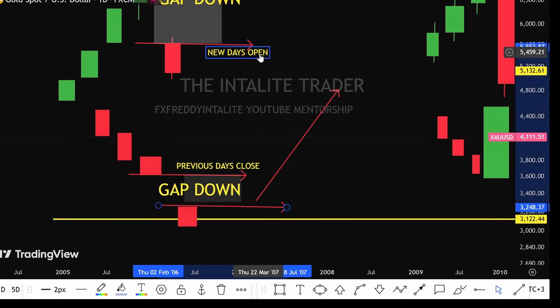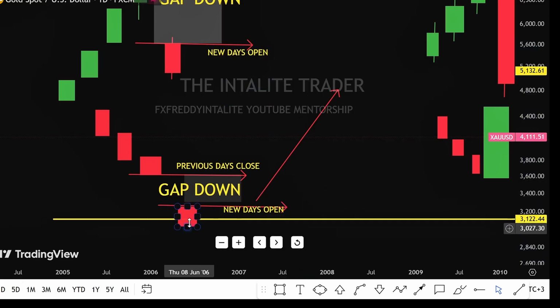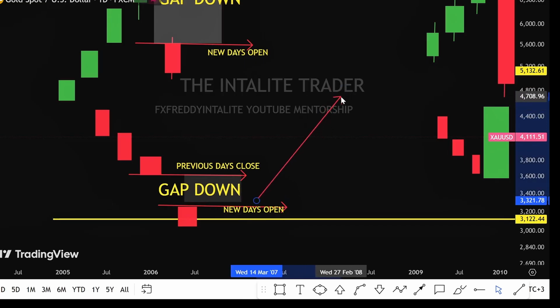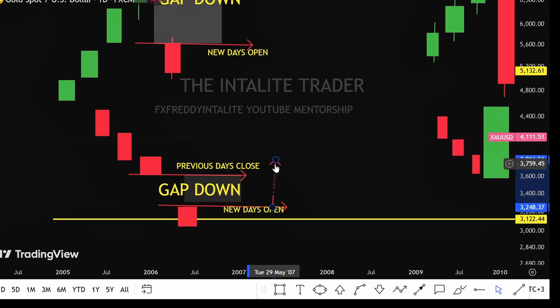And this is the new day's open, which is this. This price gapped into the level to be bought. And after them buying, you will see price can give you a possible reversal, or it will come and do what we call a gap fill, such that it is fairly priced.